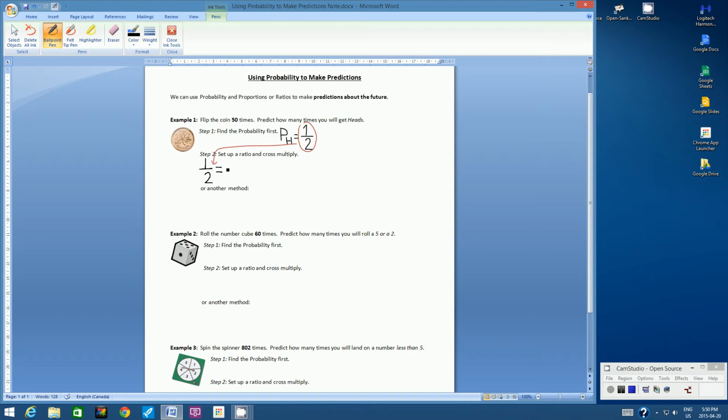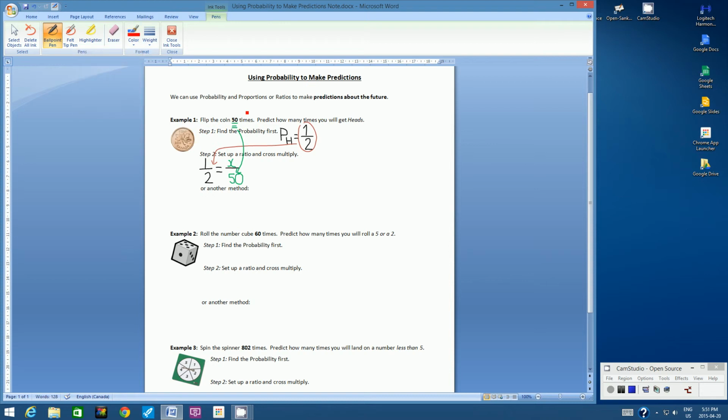Now, how do we figure out what the numerator and the denominator is? Well, for the denominator, look up here for this number, because we're going to flip the coin 50 times. So that's going to be our new denominator here, 50. Now, what's our numerator going to be? Well, it's unknown. It's x. We need to calculate for x.